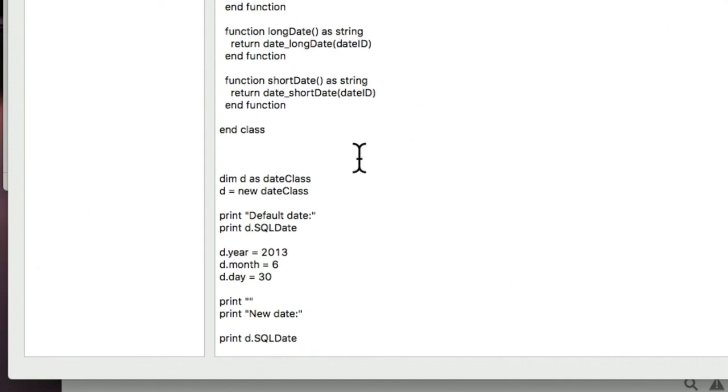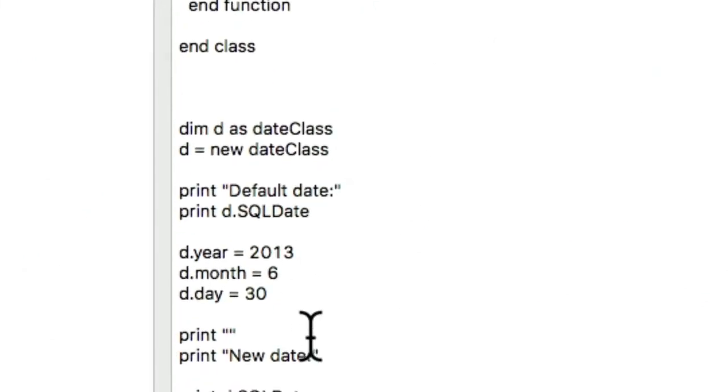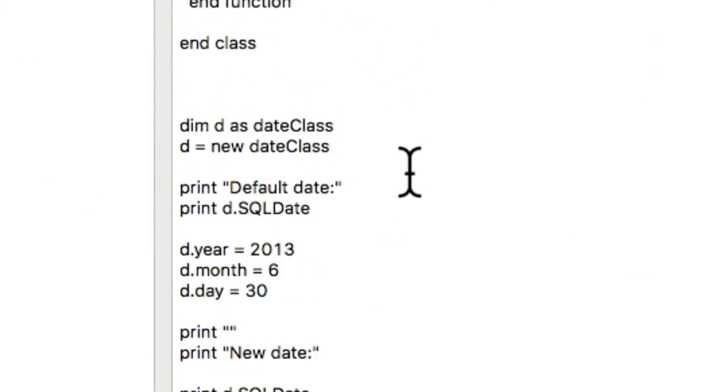Then what we do is write some actual code that's going to create a new date. Just to simplify it, I put the new on a separate line, and we do some print statements that'll print out the results, similar to the demo I did last time. So we can do print SQL date.